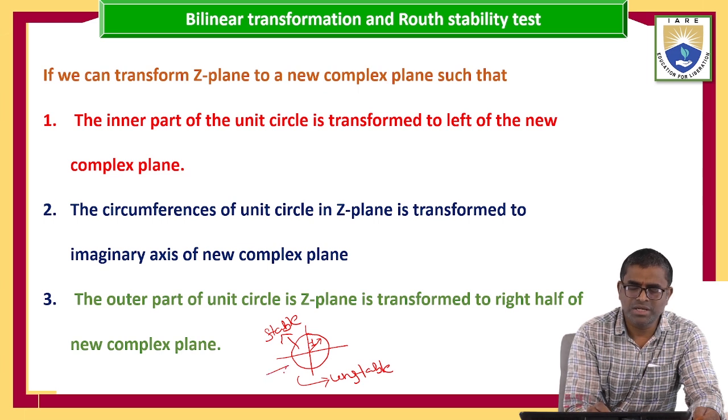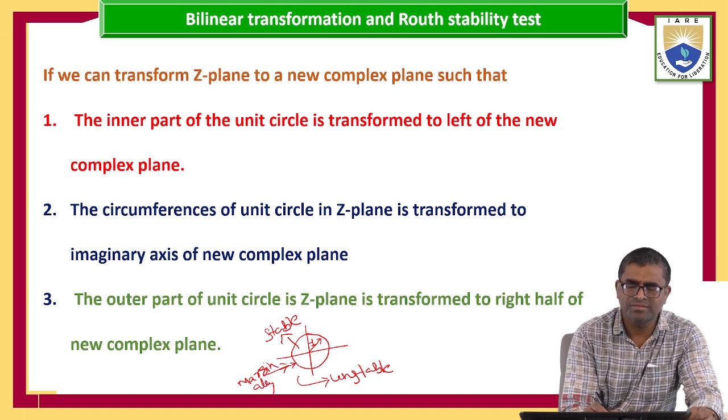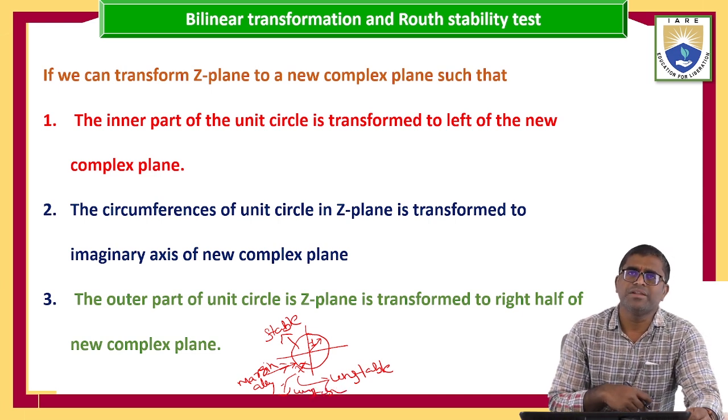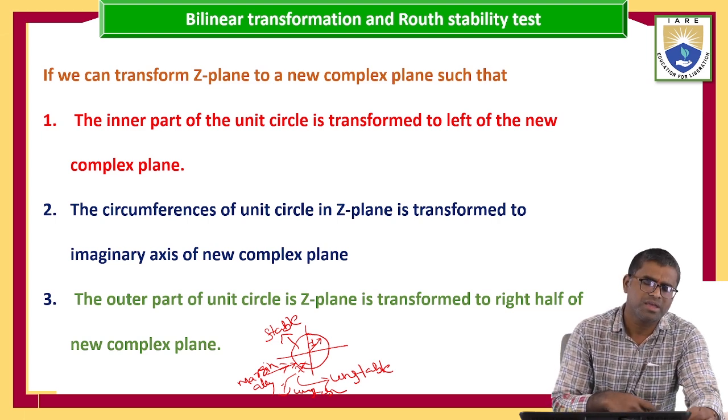Within the unit circle are the poles or zeros. On the unit circle, it is marginally stable, whereas if the poles are repeated on the unit circle at one same place, it is called unstable. Similarly, outside of the unit circle and repeated poles on the unit circle are also called unstable.